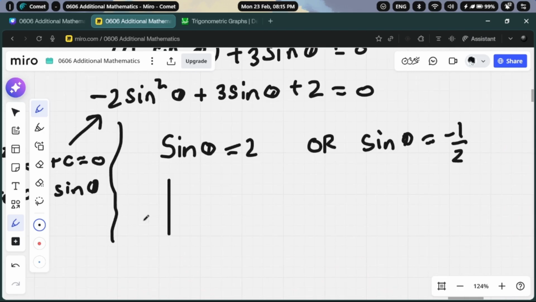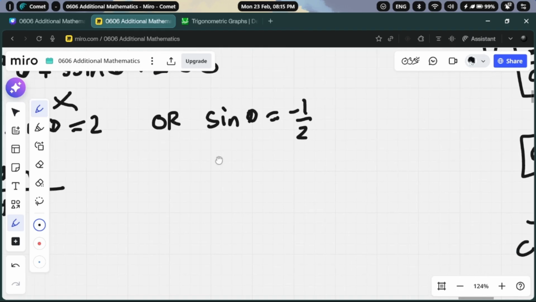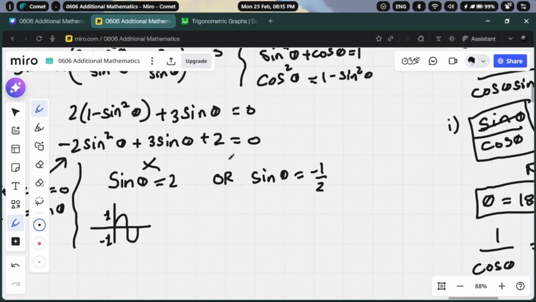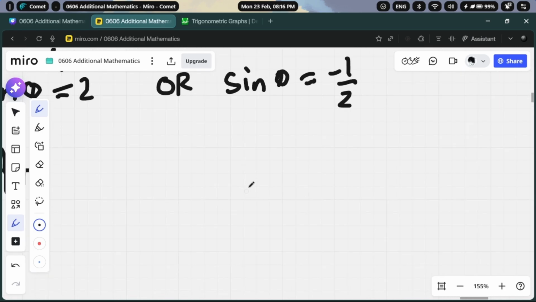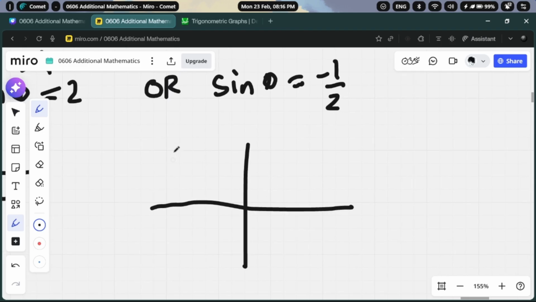Now since the sine theta graph is from minus 1 to 1, so the maximum possible value is 1, minimum is minus 1, you would reject this instantly because this is not valid. So just focus on this and keep in mind that the domain is from 0 to 2 pi. So let's make a graph for sine theta over here. I'll just label this sine theta from 0 to 360.